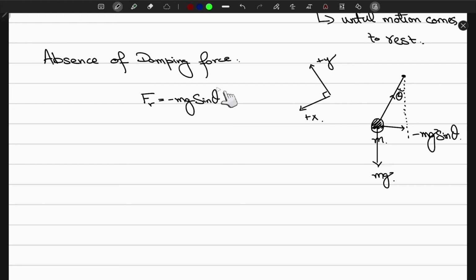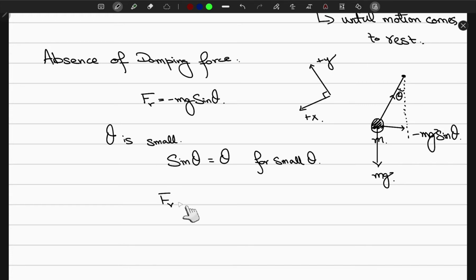Now suppose that this angular displacement is very small. So in that case, we know that sine theta is just theta, right? For small theta. So in that particular scenario, if the angular displacement is very small, then the restoring force acting on the system is just minus mg theta, right?